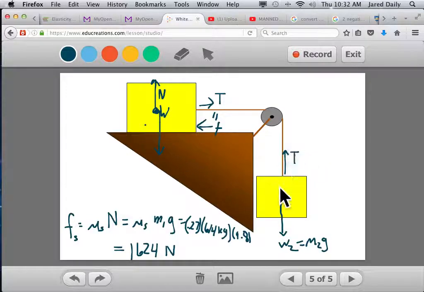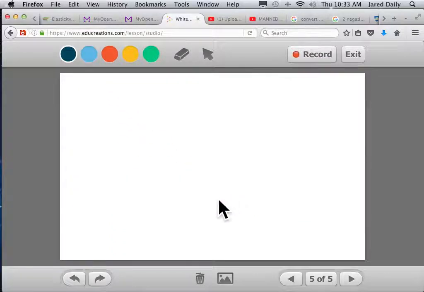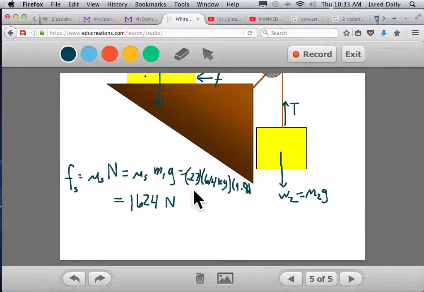So the tension has to be equal to the mass times gravity, but the tension has to be equal to the friction. So the equation we're trying to solve is friction, which is this number right here, has to equal mass 2 times gravity if we're going to hold that mass up.